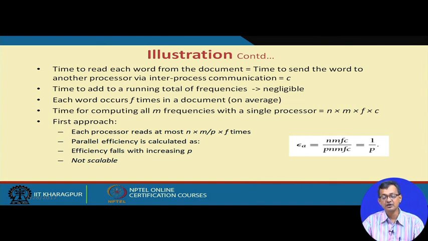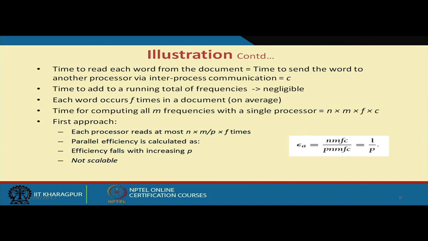So, for our calculation, each word on average occurs f times. The time to compute all m frequencies with a single processor is then n into m into f into c. So, this is the time to compute m frequencies with a single processor.